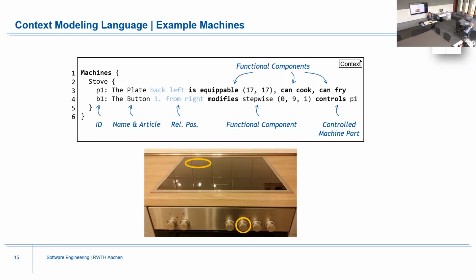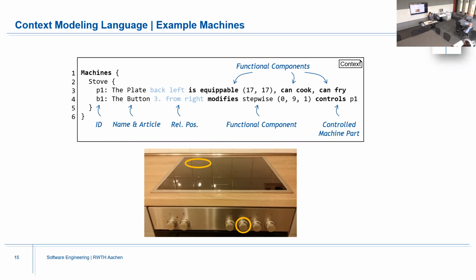It has a stepwise modification possibility. So it has a range from 0 to 9, and you can control it one step by each. You can also define what it controls. So here we have the relationship between the button and the plate we have defined in line 3. So you can say that it controls exactly that object.